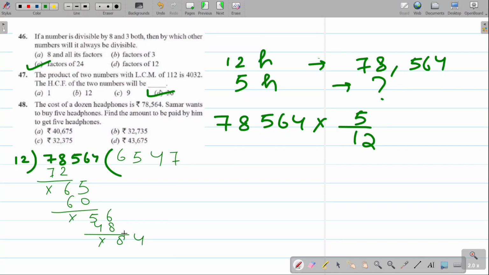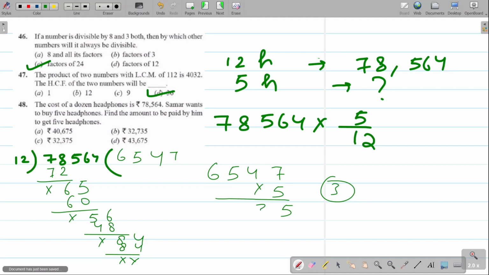So now we need to multiply this 6547 by 5. 5 7s are 35 and may 3, 5 4s are 20 and 3 is 23 and may 2, 5 5s are 25 and 2 is 27 and may 2, 6 5s are 30 and 2 is 32. So 32735 is the correct answer.